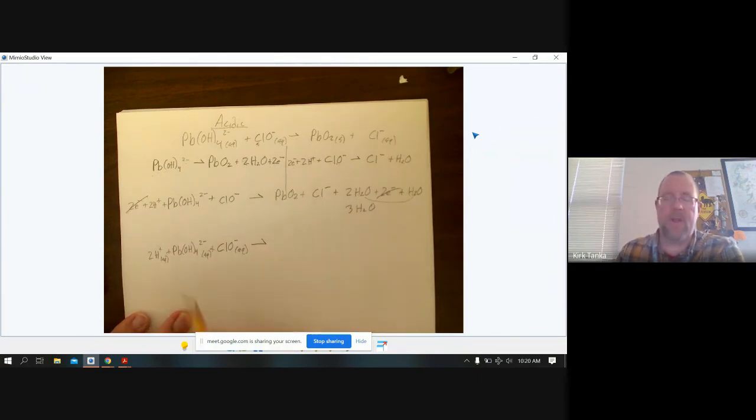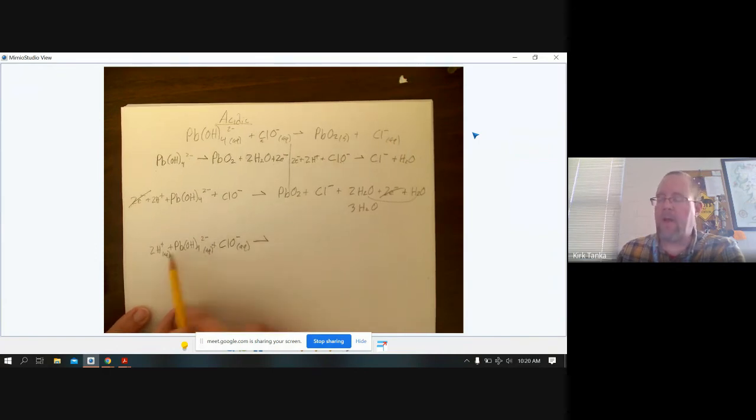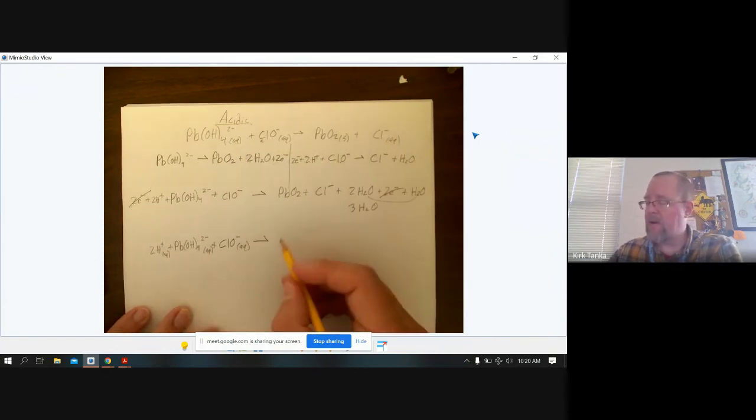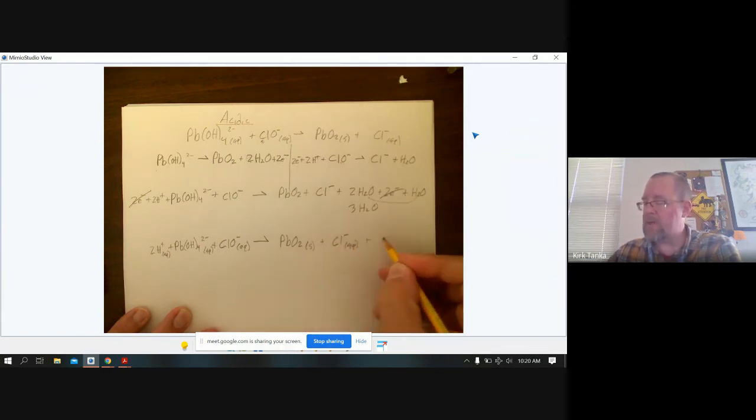How do I know those are all aq? I know those are all aq because they all have charges, so they're ions. Over here, PbO2, and that's going to be a solid, plus Cl-, and that's aq, plus 3 H2O. That would be a liquid.